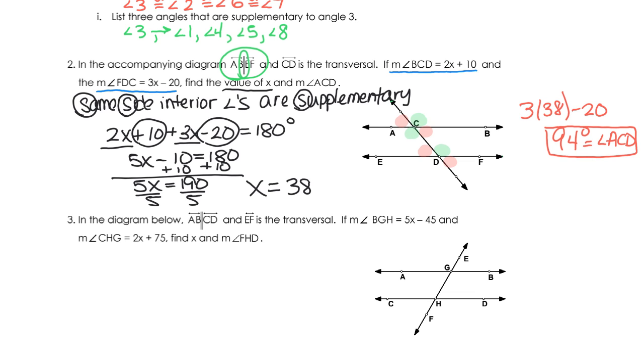Remember, we just figured out the measure of angle ACD, which is right here, and that's 94. Oops, that's not what I wanted to do. Undo.